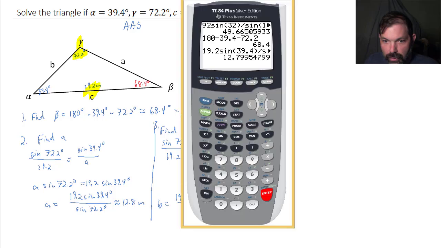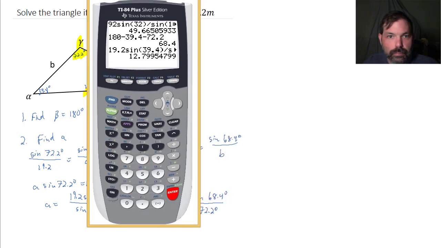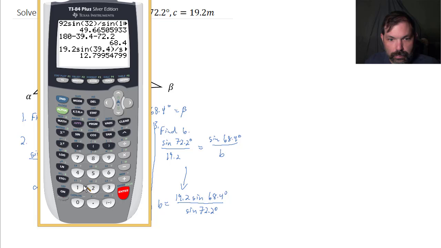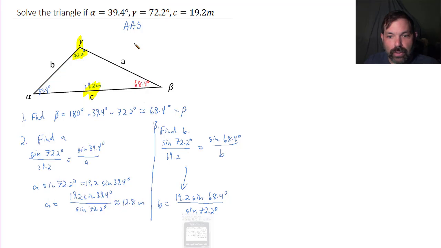And we calculate that value. 17.7 meters. All right, and so we've solved that triangle.